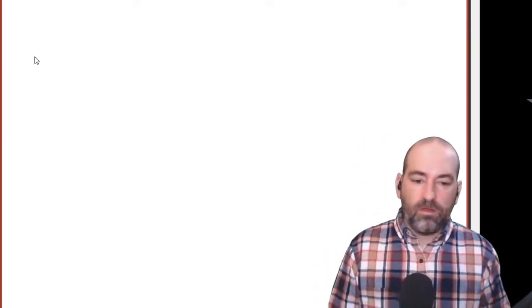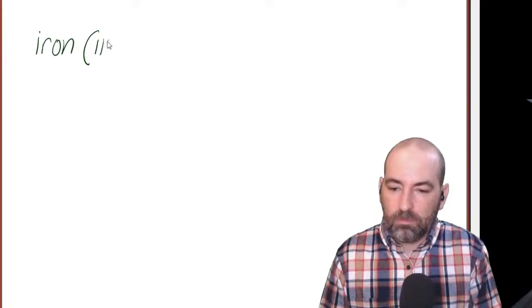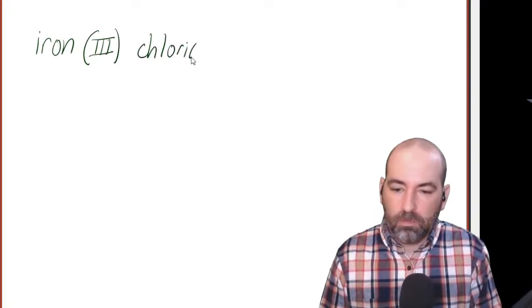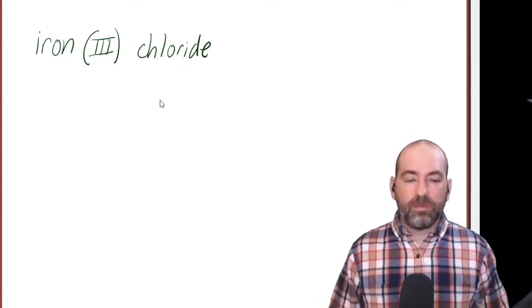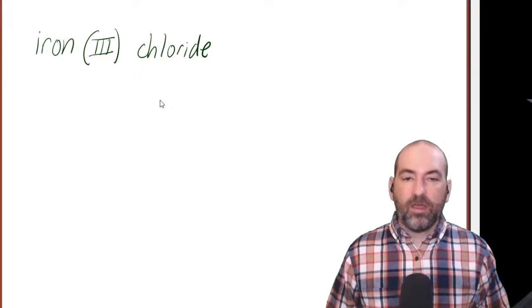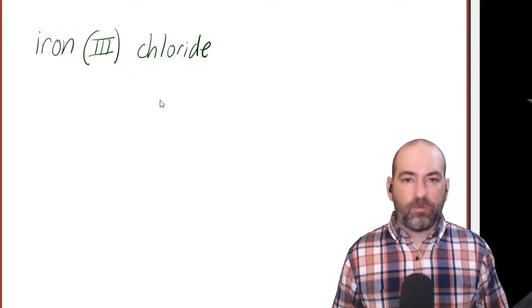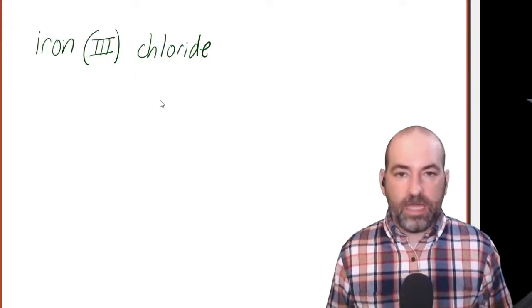Well, the key to those is that the name is going to look a little bit different. Because those elements make different types of ions, we have to specify which ion we're talking about right there in the name.